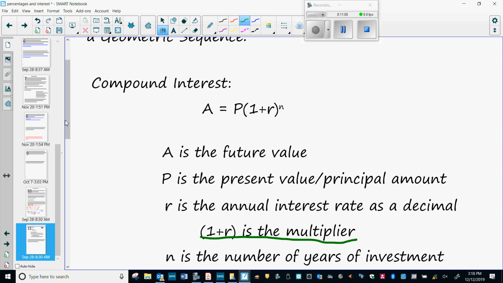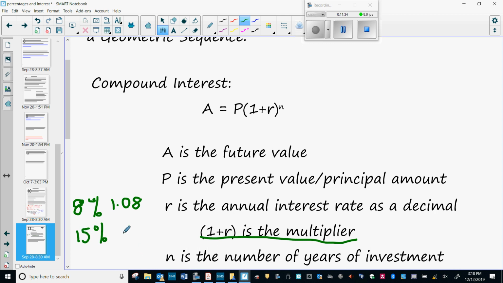So, for example, if it was 8%, what would my decimal multiplier be? 1.08. Good, 1.08.